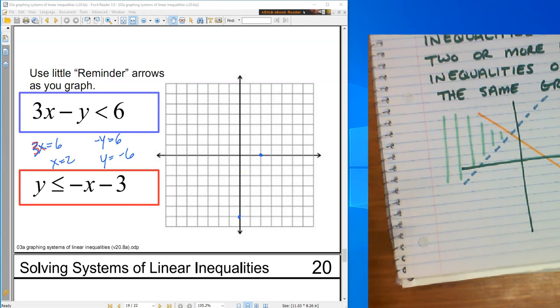That's going to be a dashed line. Although, to make my life easier, I'm just going to draw it as a solid and then I'll dash it right now. It's really dashed.